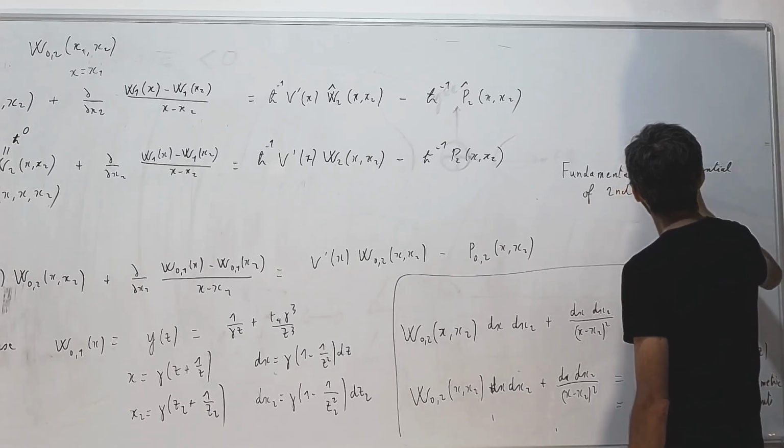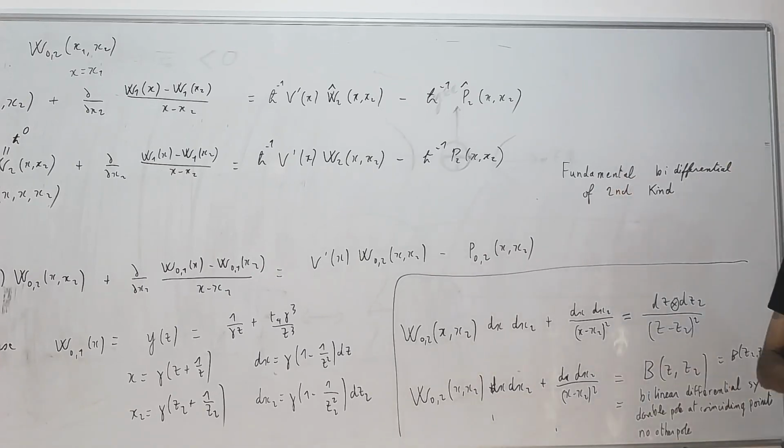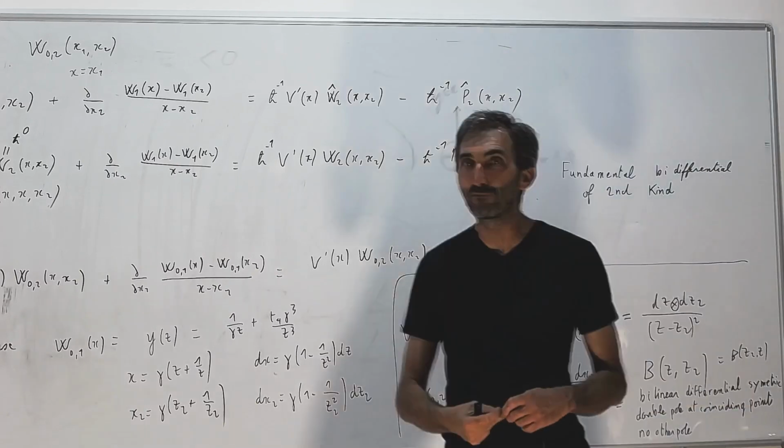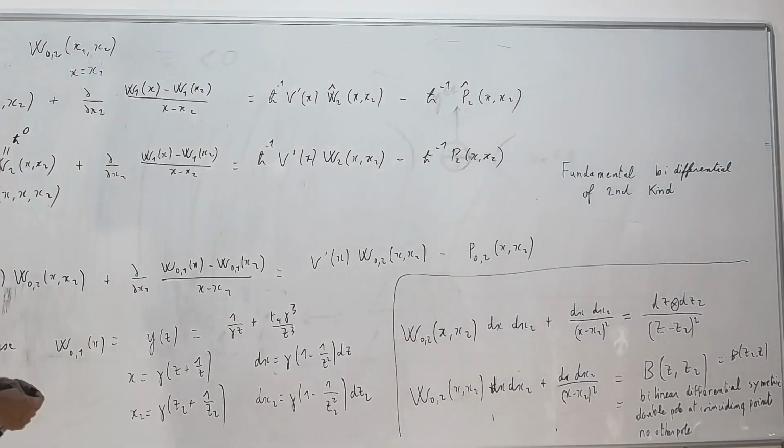Second kind refers to the fact that it's a double pole. Fundamental, because Riemann was already aware that this is one of the most important objects on a Riemann surface.